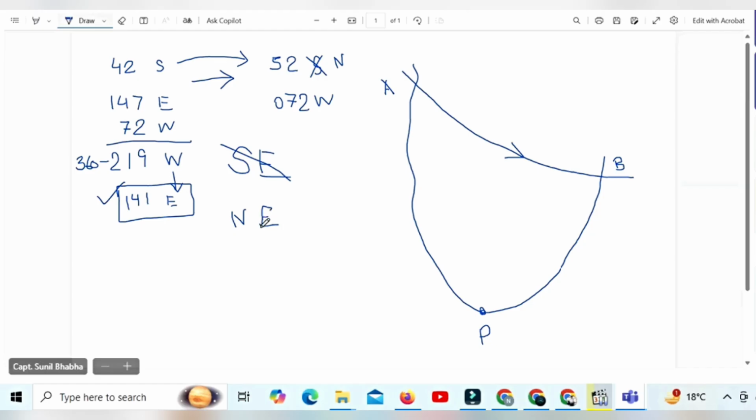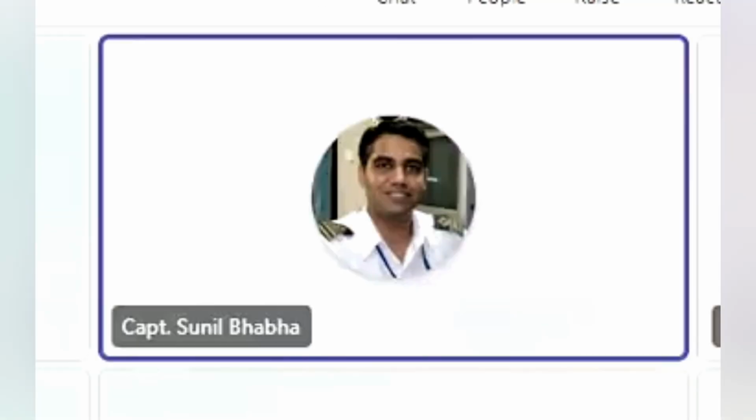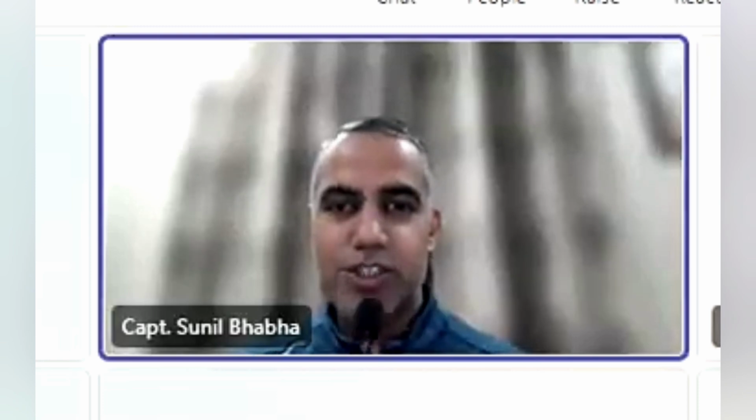I have to see the longitude. That's correct, beta. Look at the D long. The direction of the D long tells you in which direction the ship is going. Okay, great, beta. Very good.